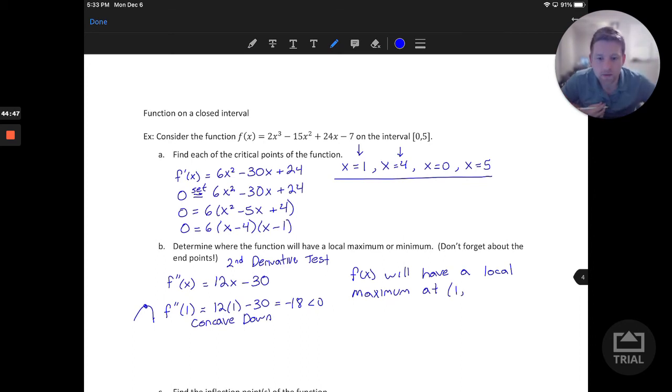If I look at the functional value at 1, the actual point that we're going to be considering, f of 1 here, this is 1 comma 4. This is where the functional value will be. So f of x will have a local maximum at 1, 4.